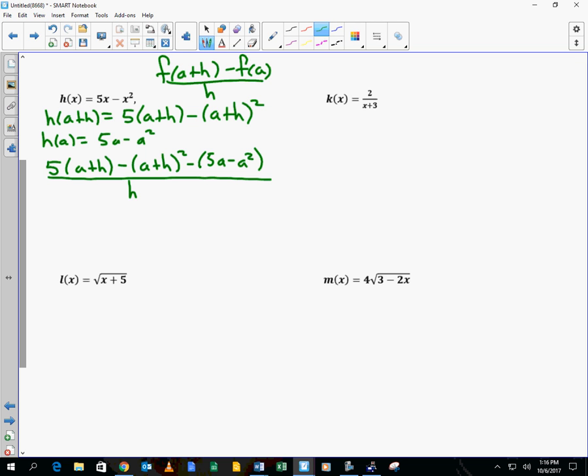And everything that does have an h remains, we should be able to divide out an h. So write it out. What do I get? 5a plus 5h minus a squared minus 2ah minus h squared minus 5a plus a squared.